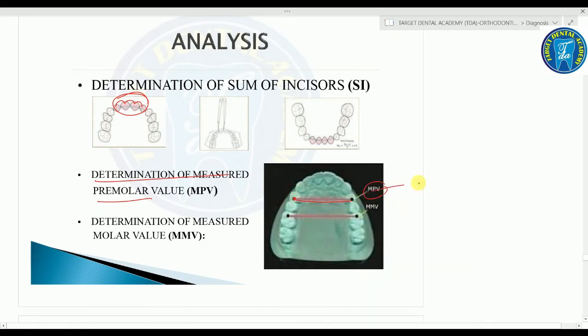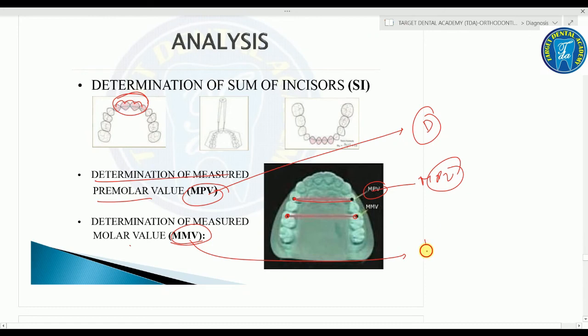This is the MPV, the measured premolar value. Coming on to the MMV, the measured molar value, in this area it is the mesial pit of the upper first molar to the mesial pit of the upper first molar. The basic difference is that for the MPV you take the distal pit, and for the measured molar value you take the mesial pit.